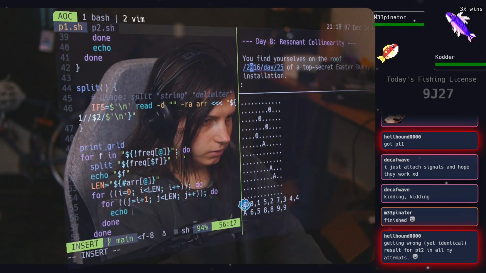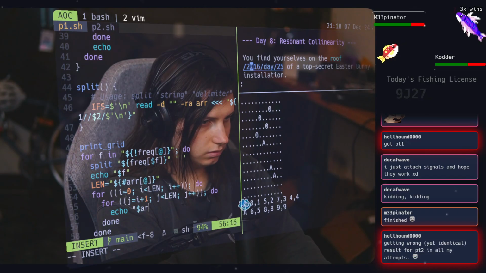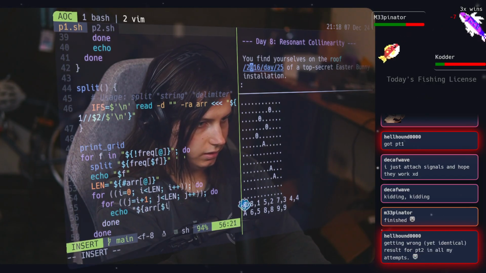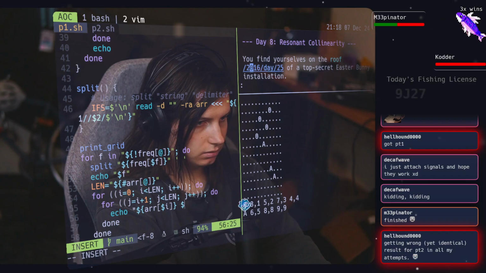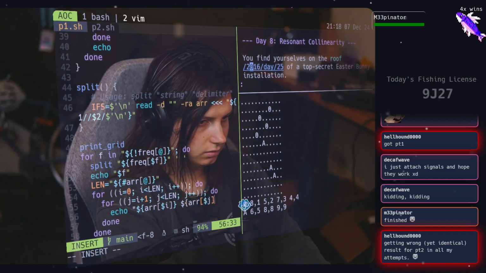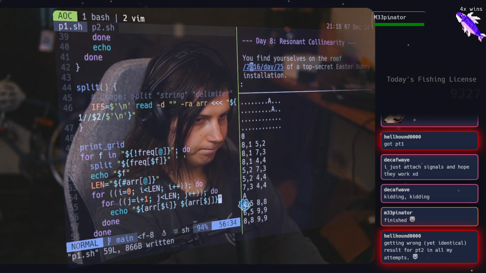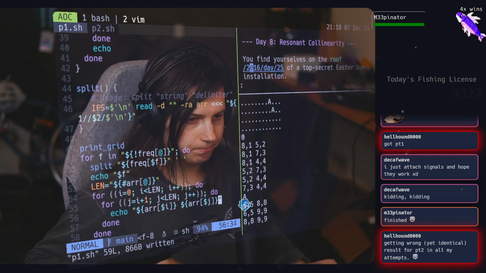And we just echo R i, R j. That looks like pairs to me.